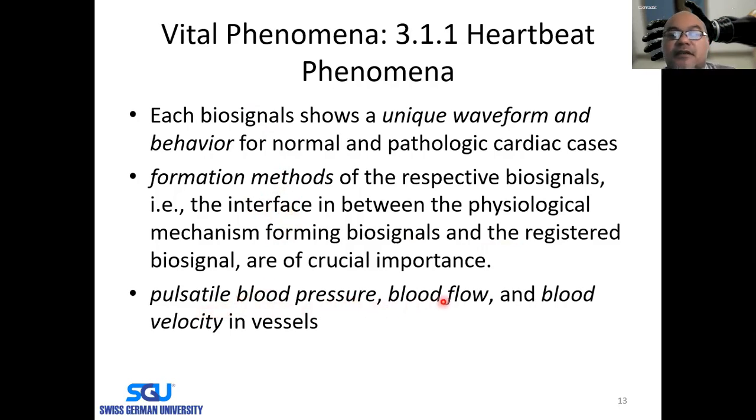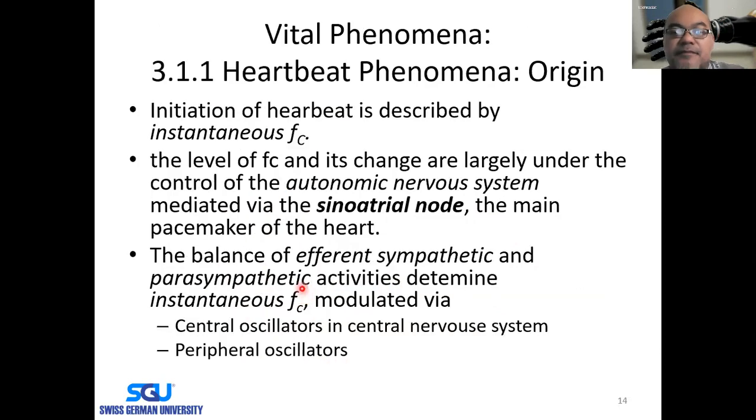Pulsatile blood pressure, blood flow, and blood velocity in vessels are examples of this interface. So the initiation of the heartbeat here is described by the instantaneous FC, the frequency of the beating. The level of FC and its change are largely under the control of the autonomic nervous system, meaning an involuntary system, which we are not conscious of.